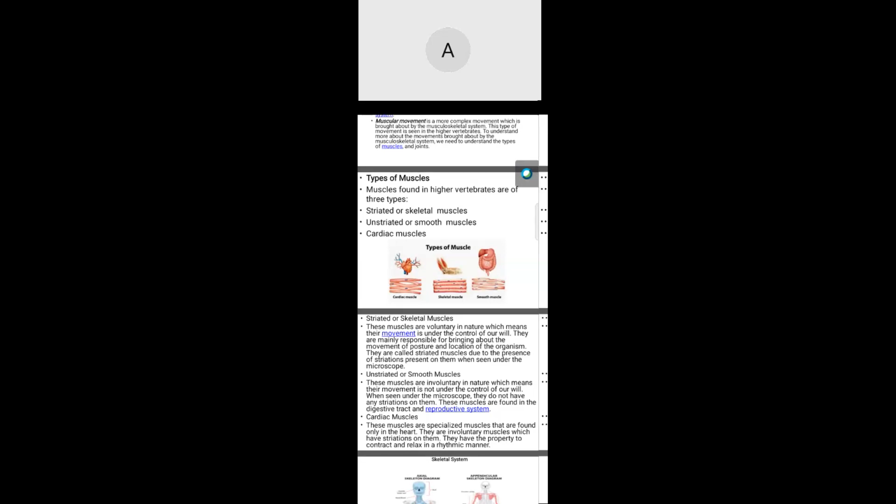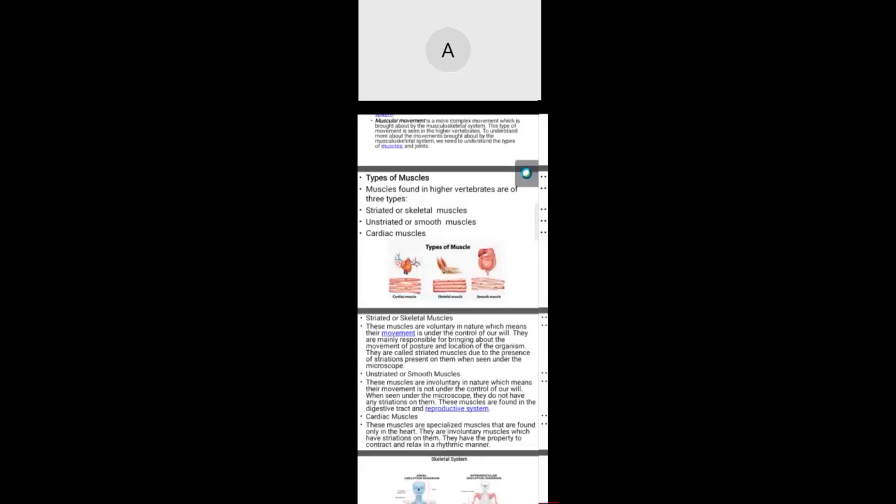Unstriated or smooth muscles. These muscles are involuntary in nature, which means their movement is not under the control of our will. When seen under the microscope, they have no striations on them. These muscles are found in the digestive tract and reproductive system.